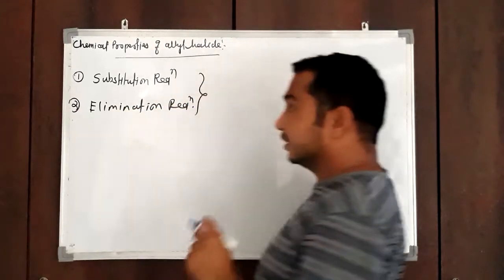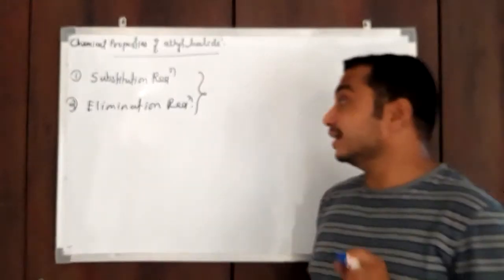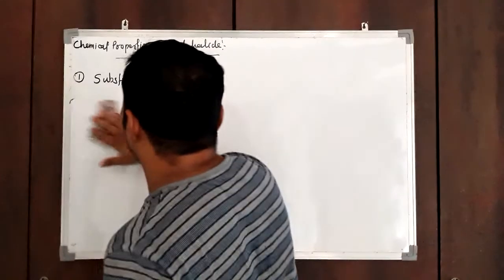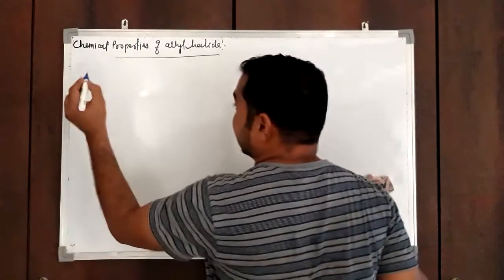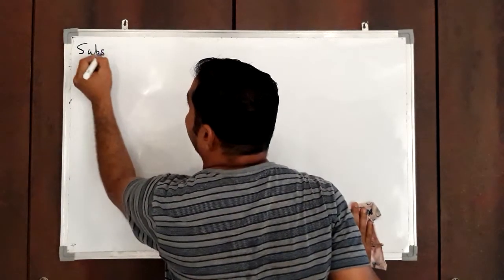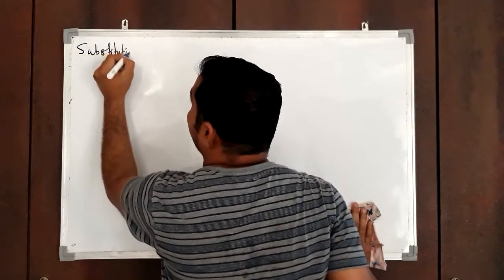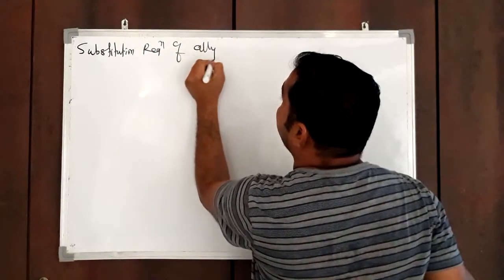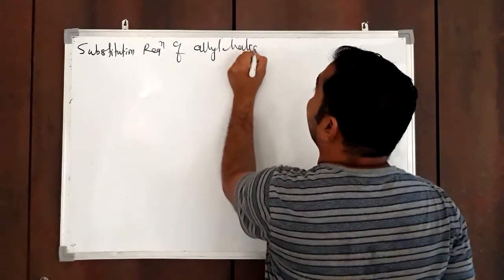Normally all alkyl halides show substitution reaction as well as elimination reaction. Now first we will discuss substitution reaction of alkyl halides. Give the heading: substitution reaction of alkyl halide.